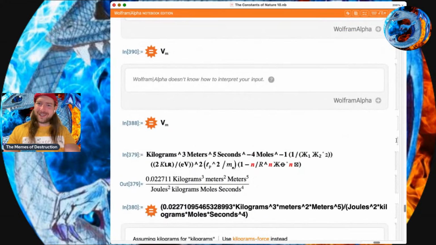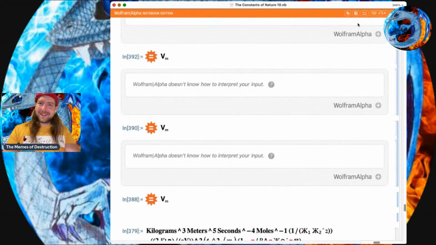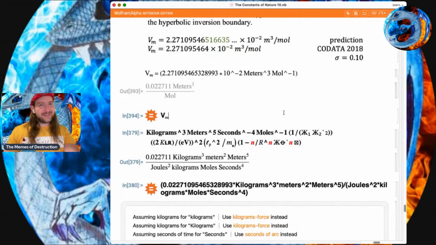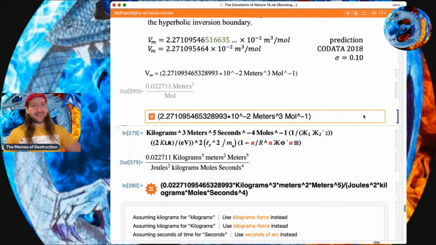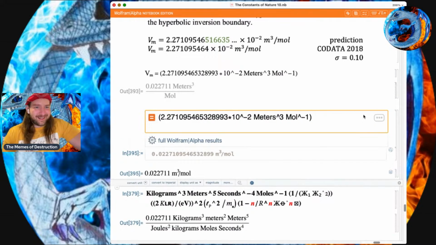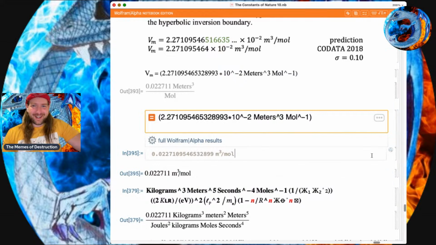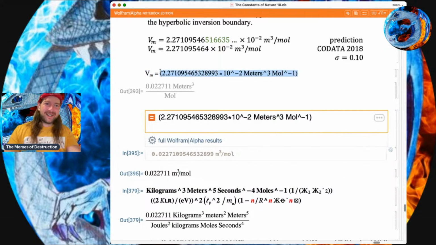This is very annoying. I just want to set that equal to that. You don't need to actually run that whole thing. Does it not understand this? No, you understand that. Do you just want M3 per mole? Is that what you want? I'm okay with that.